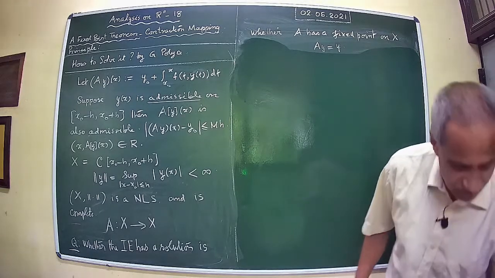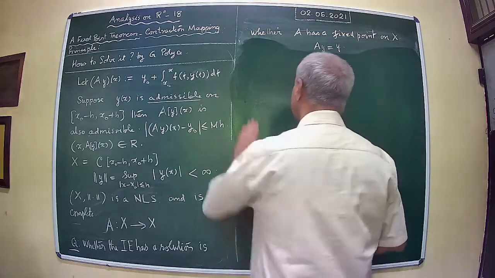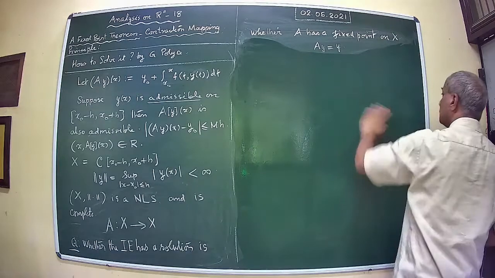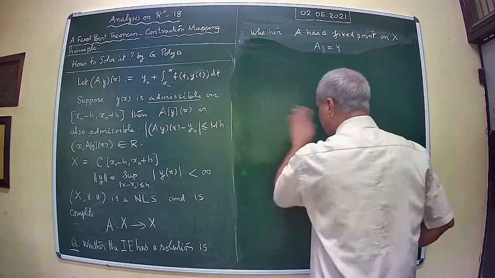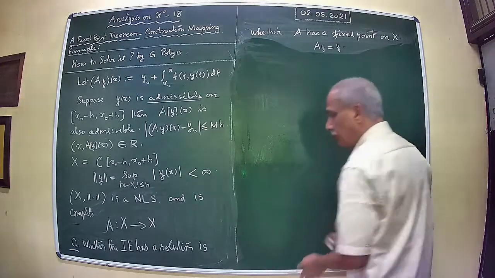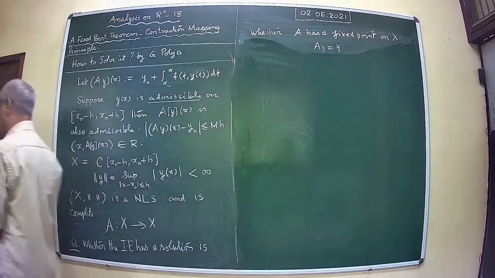Okay, with A defined as above, A defines a mapping from x to x. We are asking whether A has a fixed point.